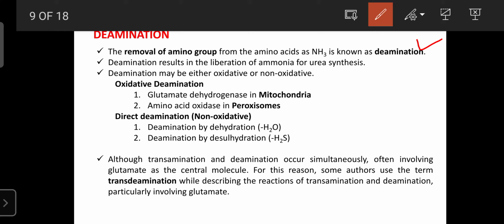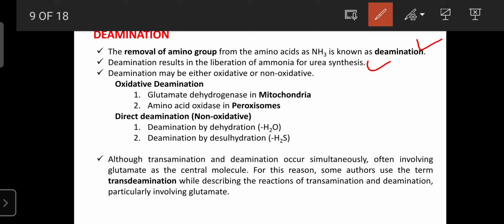Transamination means transfer of the amino group, and deamination means the removal of the amino group. Deamination results in the liberation of ammonia. So whatever ammonia is liberated during deamination is utilized for the synthesis of urea.